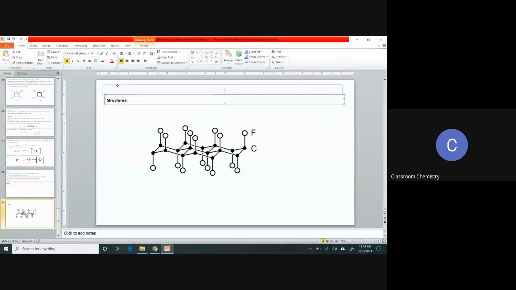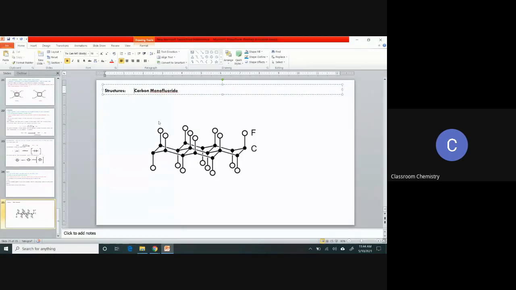Yes, sir. Okay, if you see here the structure of what? Carbon monofluoride. What you see here is the layer.